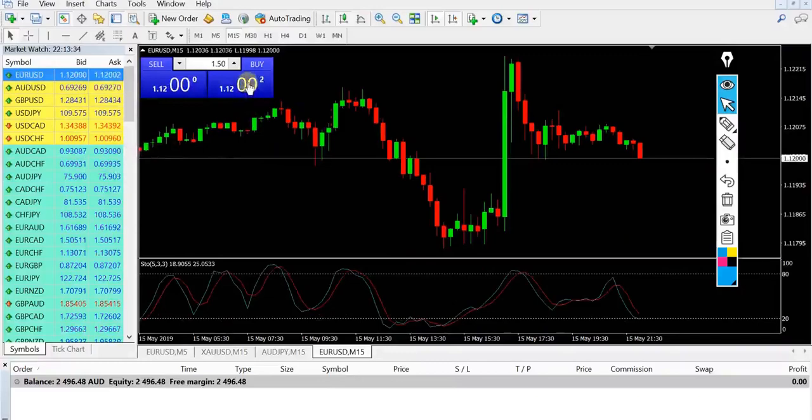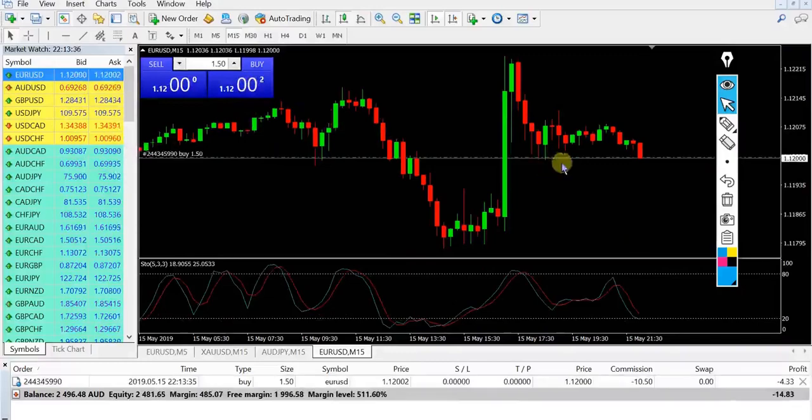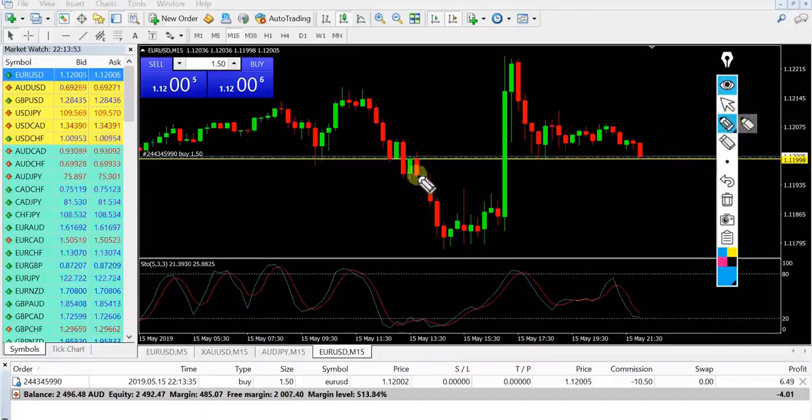Let me explain. I bought this one when I was making noise. Let me explain to you why I buy. Look at it. The market is coming this way. It made a support point here, and this candlestick breaks the support point.